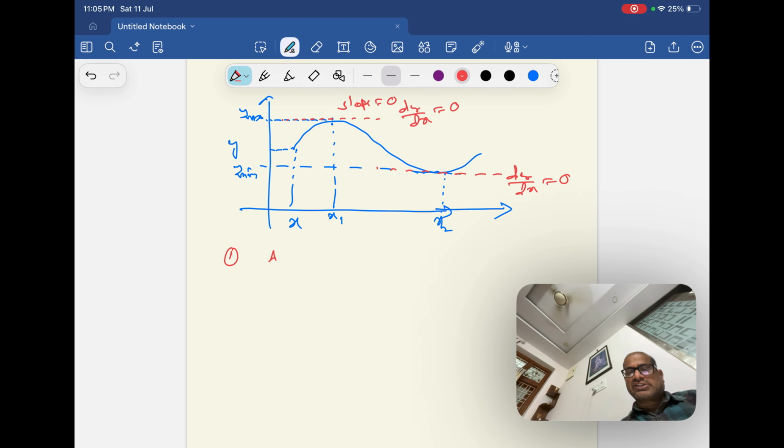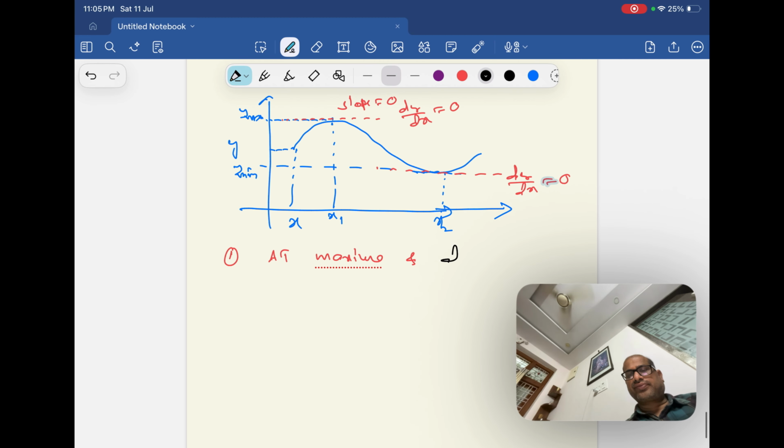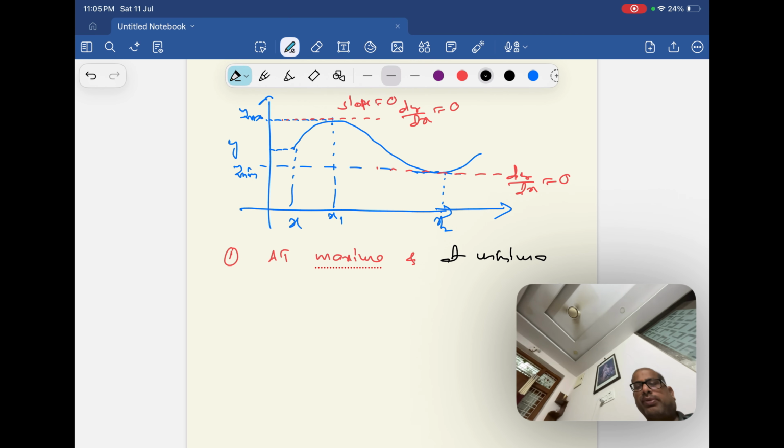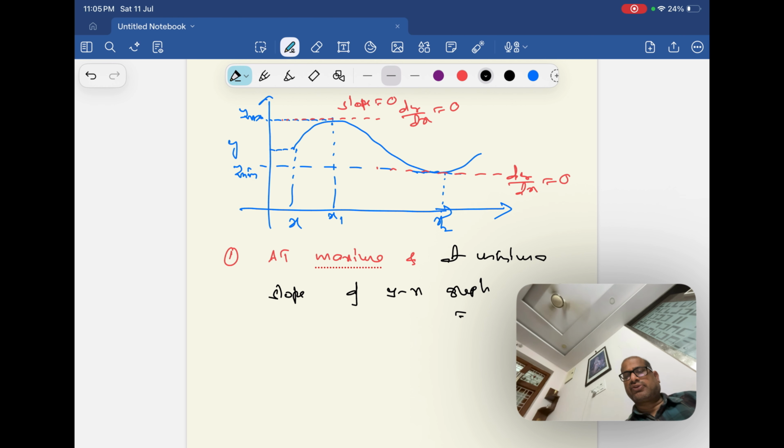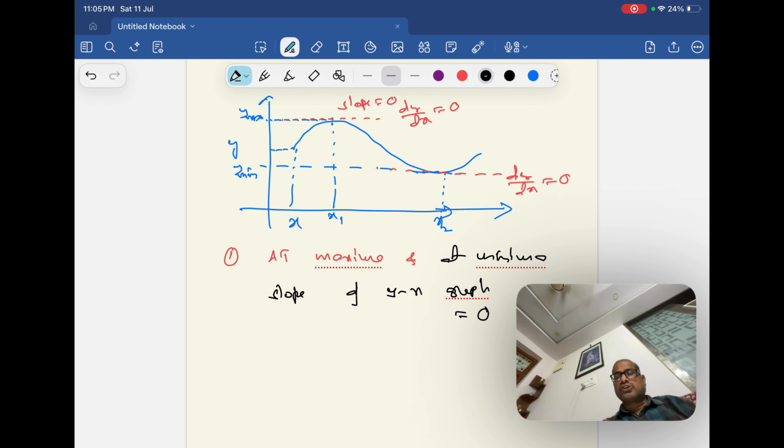That means at maxima and at minima, the slope of the y-x graph is equal to 0.